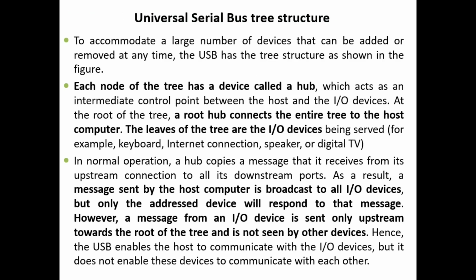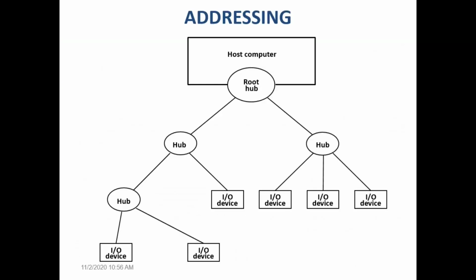Next we will see how addresses are allocated, how addressing is done in USB, because USB allows connection of multiple IO devices through a tree structure. So how do we identify every device individually? By addressing. All the devices in the USB tree structure are assigned a 7-bit address to identify every device uniquely.